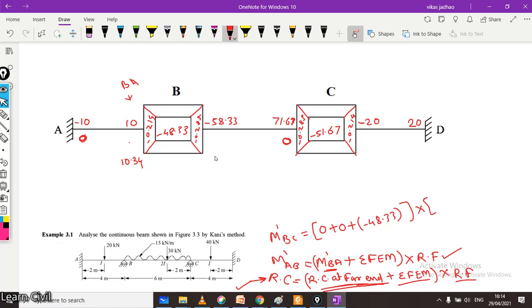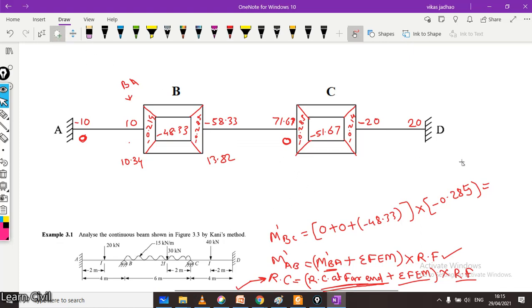We have the rotation factor here for BC as minus 0.285. So this will be equal to 13.82. Okay, so this is how the rotation contribution for BC is calculated.